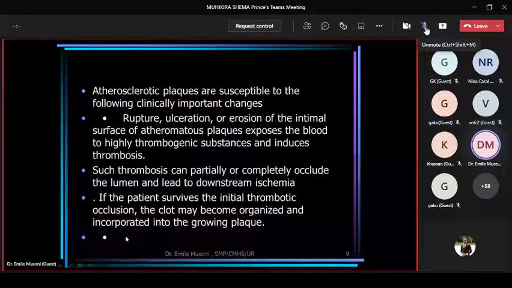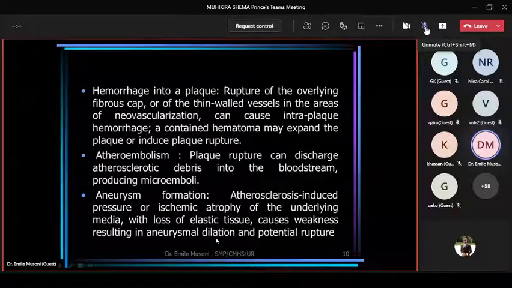They say if the patient survives the initial thrombotic occlusion, the clot may become organized and incorporated into the growing plaque. Hemorrhage can occur into a plaque by rupture of the overlying fibrous capsule of that atheroma.